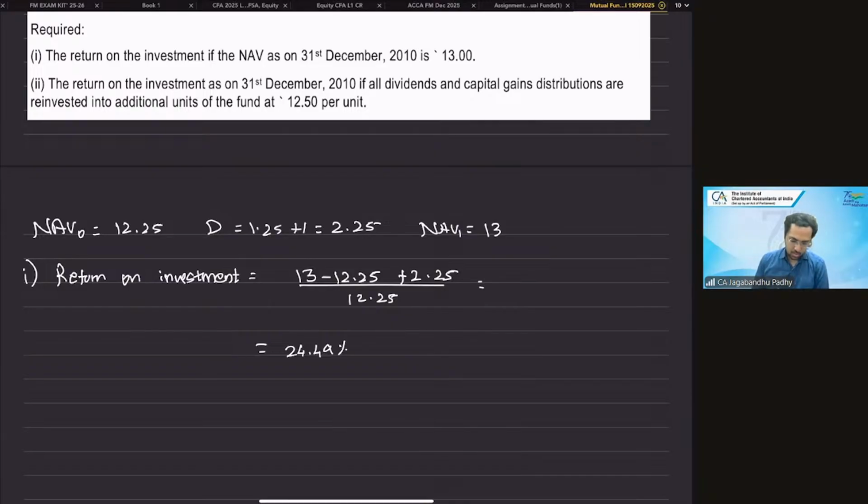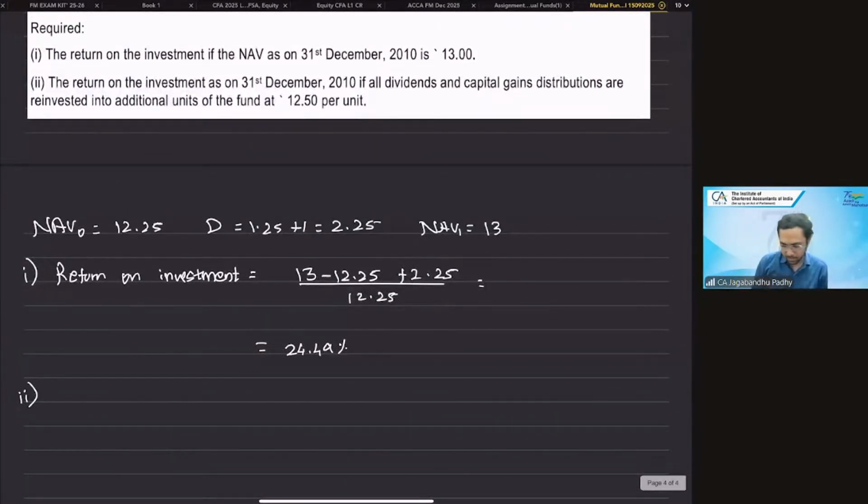Now the second part, the return on investment as on 31st December 2010, if all dividends and capital gain distributions are reinvested into additional units. So instead of you getting cash, you are being paid in the form of additional units.